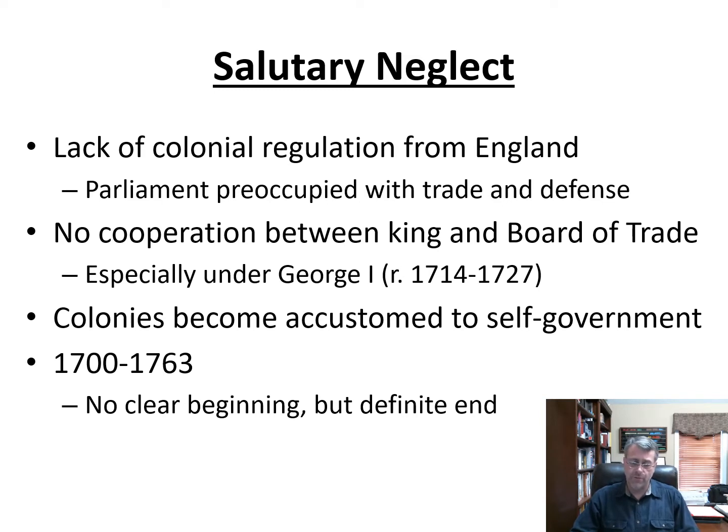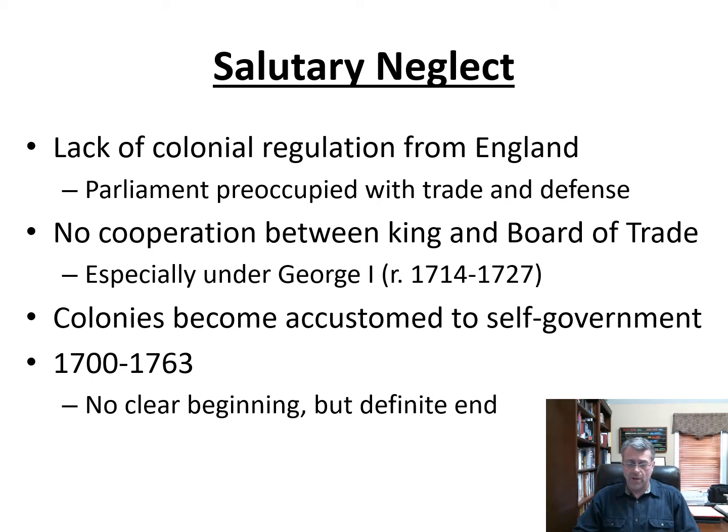England, through most of its colonial history, was focused primarily on a big picture. We talked about how the Board of Trade and the previously known as the Privy Council, they were focused primarily on the empire at large as a whole. They weren't focused on any one particular area of the empire, just colonial matters in general.